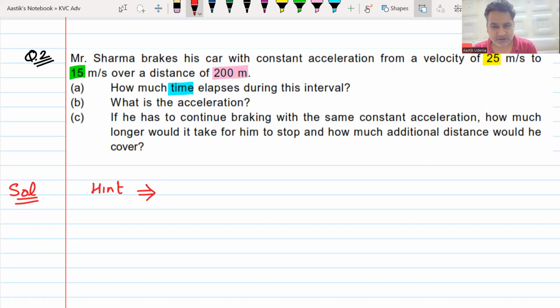Acceleration is constant, initial velocity is given, final velocity is given, displacement is given, and I'm supposed to find out the time. Which equation should I use? Yes, my dear friends, which equation should I use? No one? That's not good.